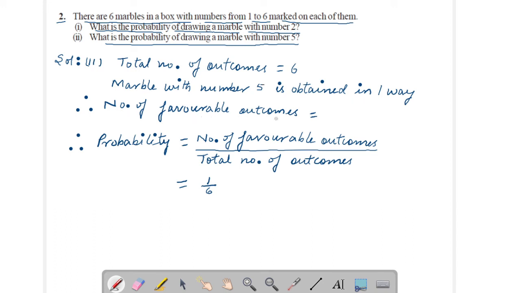Therefore, the number of favorable outcomes is 1. Therefore, probability is equivalent to the number of favorable outcomes upon the total number of outcomes. Here, the favorable outcome is 1 and the total outcome is 6. Your answer is 1 upon 6.